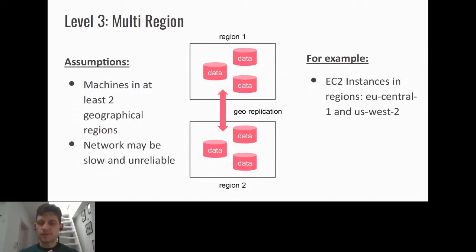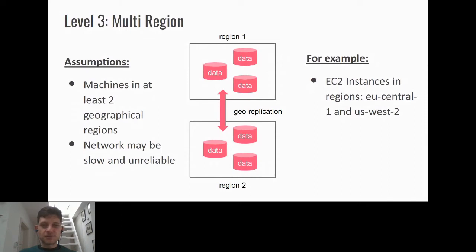Here, the network may be unreliable because in most cases, we will depend on public routing. But think about it, what is the biggest problem in these regions? The biggest problem is that they are just far away from each other, physically. If you take Finland and Oregon, it's 10,000 kilometers between Oregon and Finland.